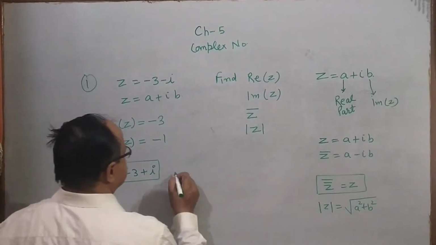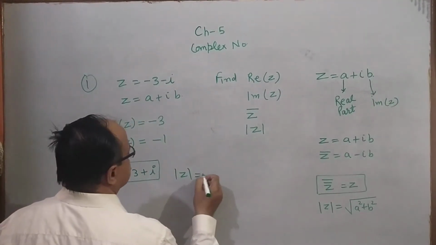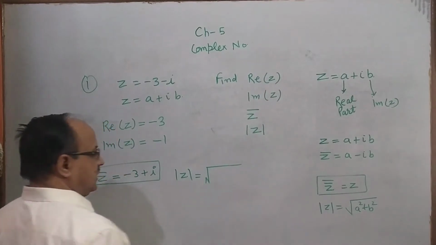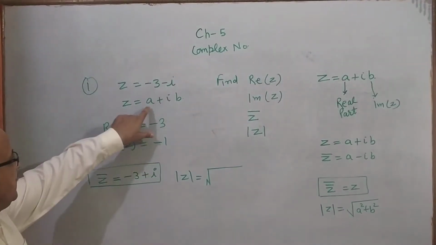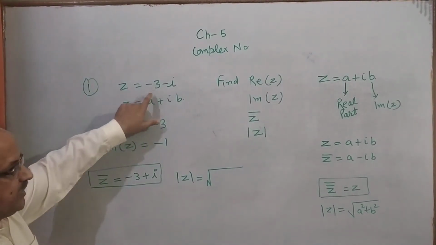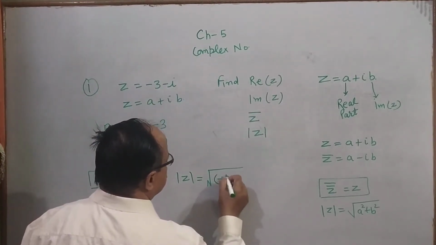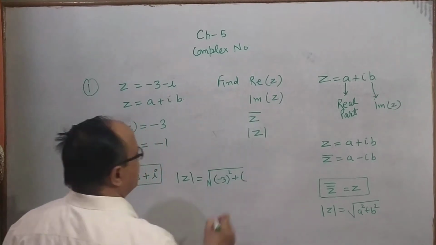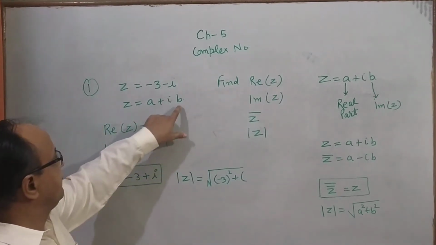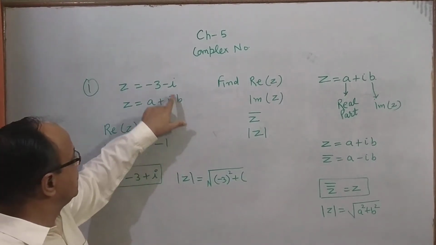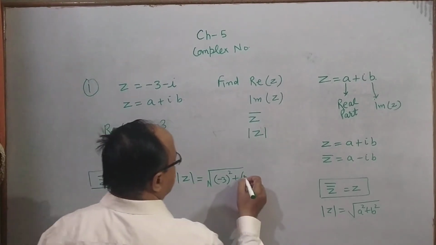So you can find the modulus of Z, square root of, when you compare, what is the value of A? Minus 3. And the value of B is minus 1.